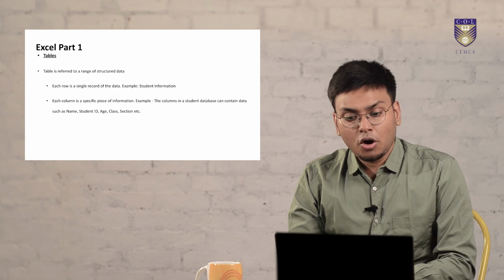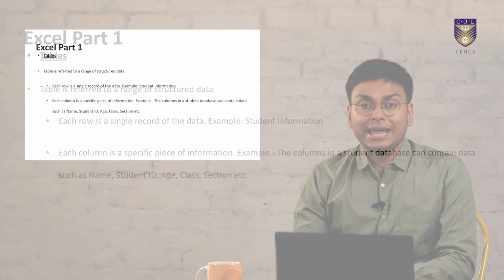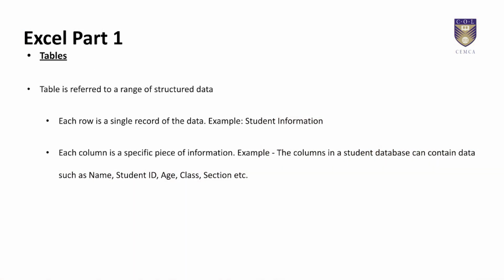Moving ahead, what I wanted to talk about is basically tables. As we have already learned, a table is basically the primary storage unit of structured data, and in this case also any type of range which is hosting structured data inside Excel is termed as a table. Now what are the unique characteristics of a table?